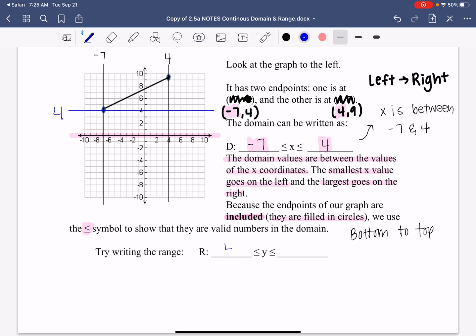Okay, so 4 will go here. And the most top it gets is at 9. So again, notice how it is your y coordinates, and it's always the smallest number that goes first, and then the largest number goes on the right. Okay, and what this is stating is that y is between 4 and 9.